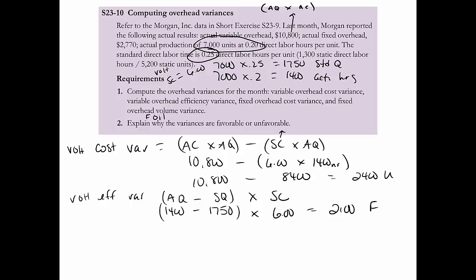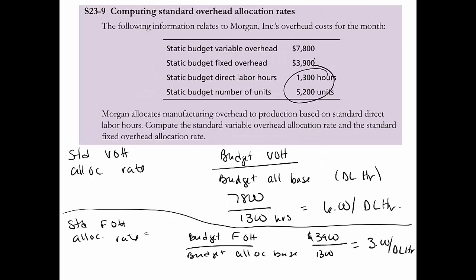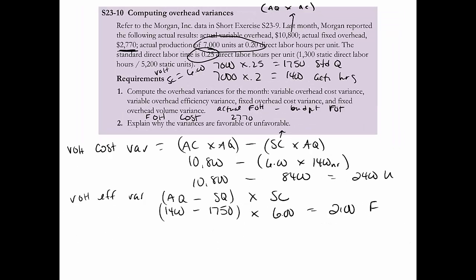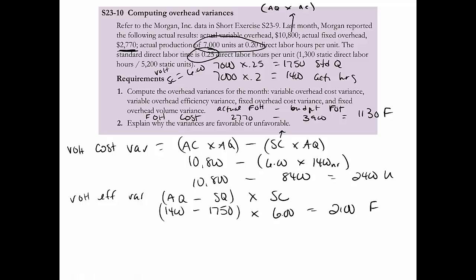So fixed overhead cost variance, since that's a nice short one: the actual fixed overhead, which is 2,700, they gave us that right here, minus the budgeted fixed overhead, which they gave us here, 3,900. So the actual is less than my budgeted by 1,200, and so that'll be favorable, because that's less than I was expecting.